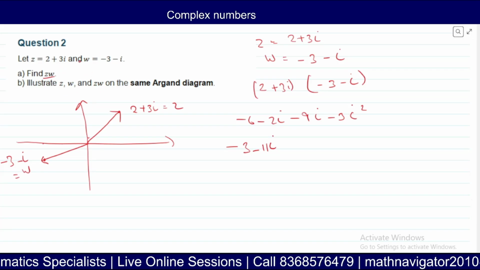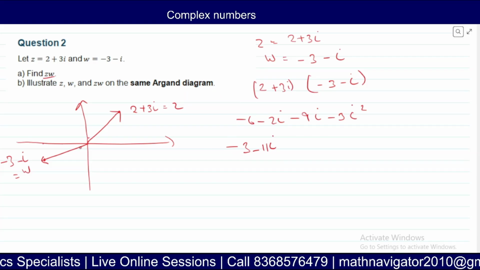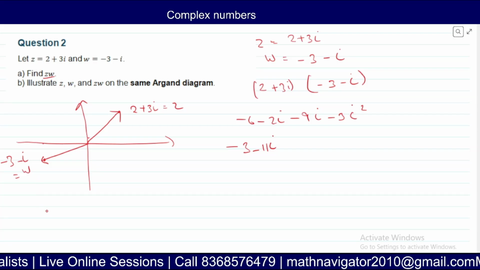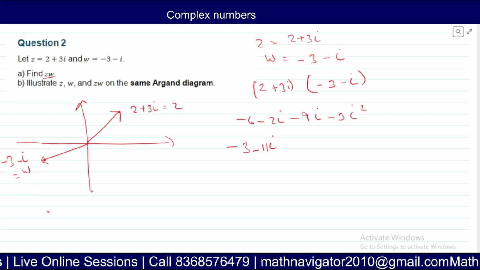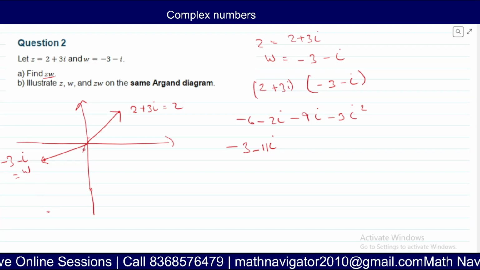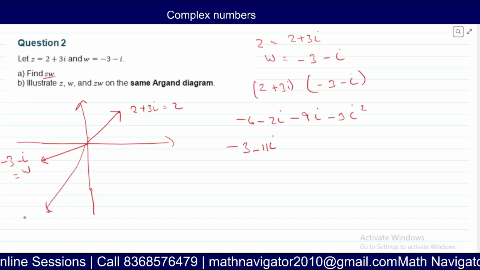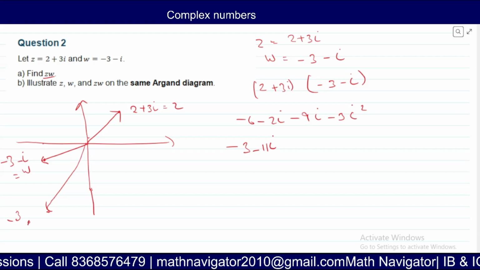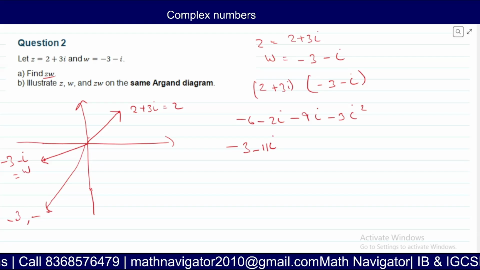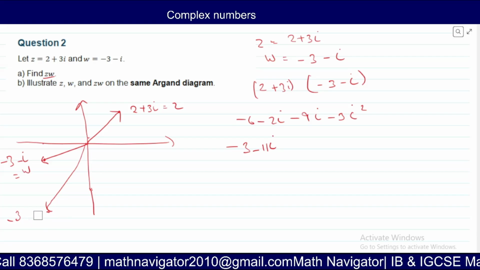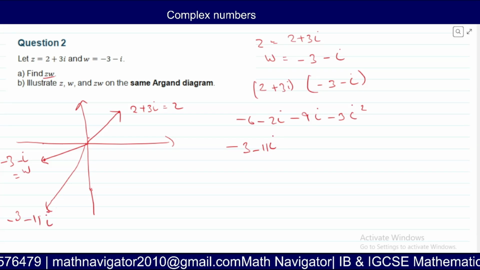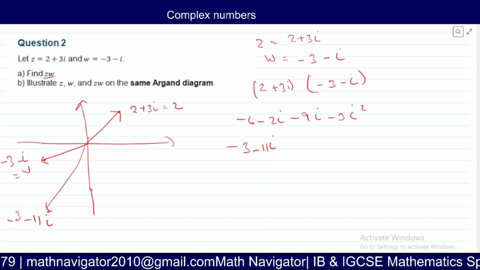And the number is negative 3, negative 11i: 1, 2, 3. So negative 3 and negative 11. Let's put it somewhere here. This is the point negative 3, negative 11. Hope this is perfect, right? Let's move to the next question.